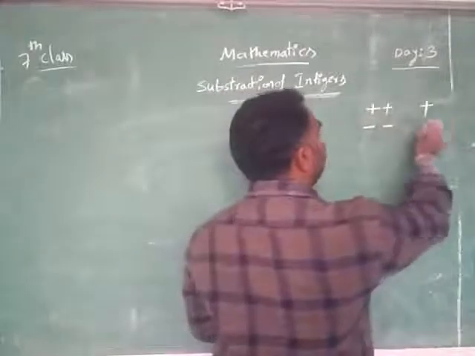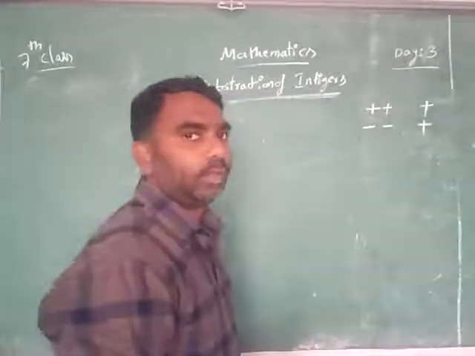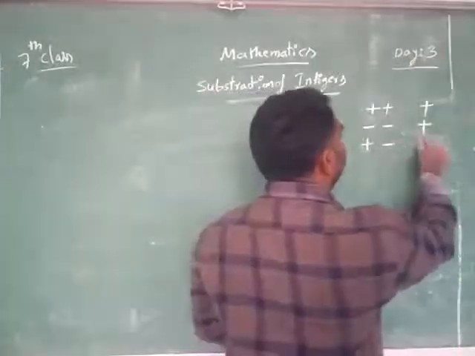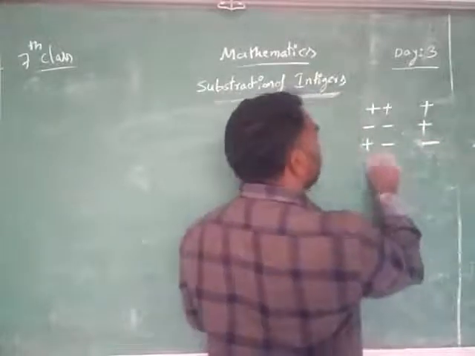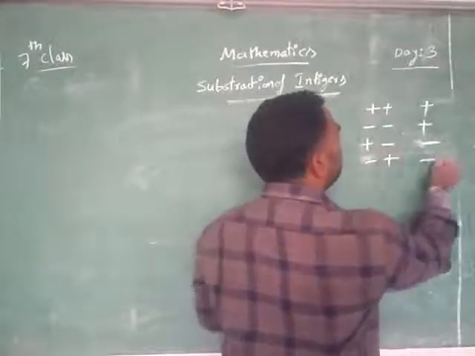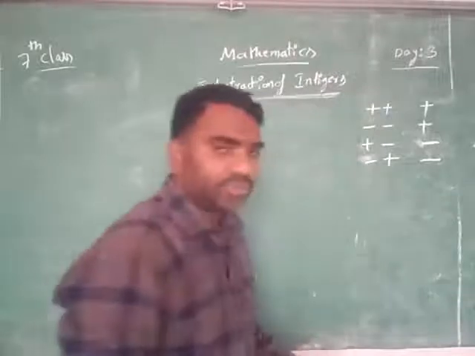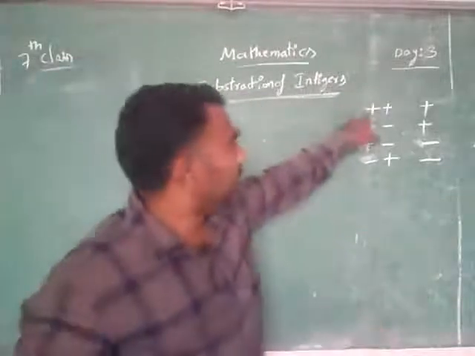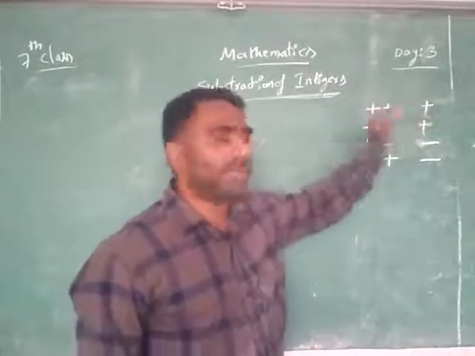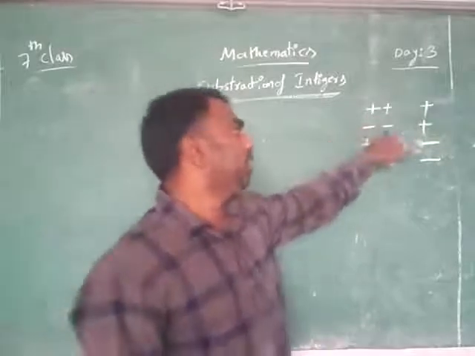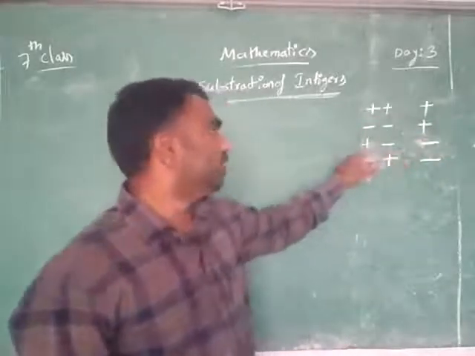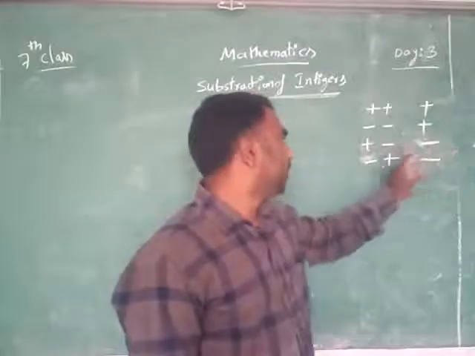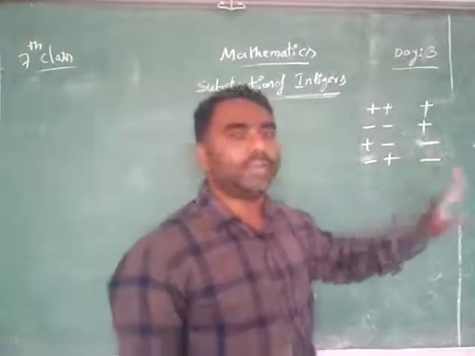Minus and minus also will become plus. Plus and minus also will become minus. Minus and plus also will become minus. You need to remember that. Two symbols plus and plus will become plus. Minus and minus will become plus. Plus and minus will become minus. Minus and plus will become minus.